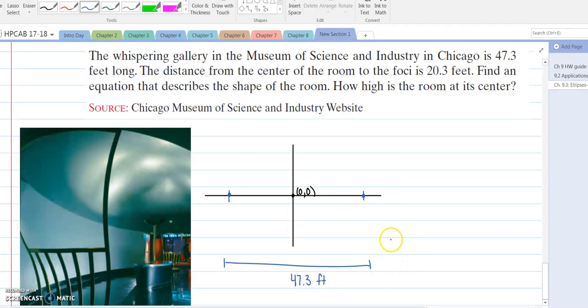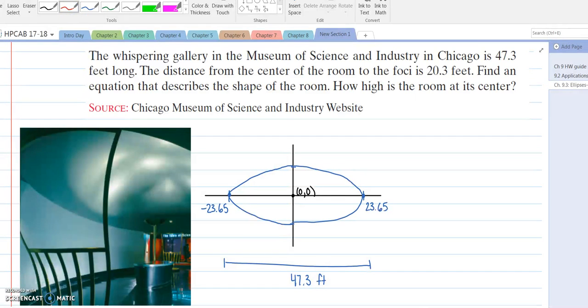Half of 47.3, throw it in the calculator if you need to, is 23.65. So I would have positive 23.65 and negative 23.65. And this is going to form the general shape of my ellipse, something like that, down to here, and then back the other way, and then to here. I'm awful at drawing, but you get the idea.